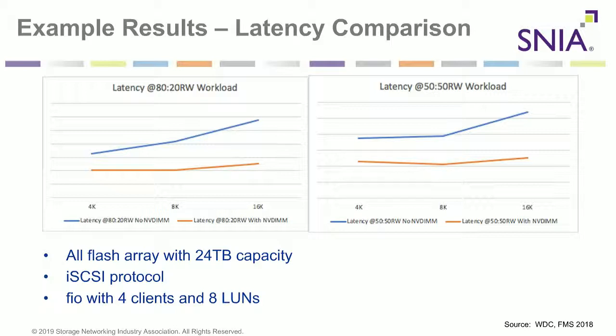You can see how the latencies are improved with the use of NVDIMM in the solution. The blue line that you see is without NVDIMMs, and the one at the bottom shows how adding NVDIMMs, or persistent memory, improves the latency of the overall product.